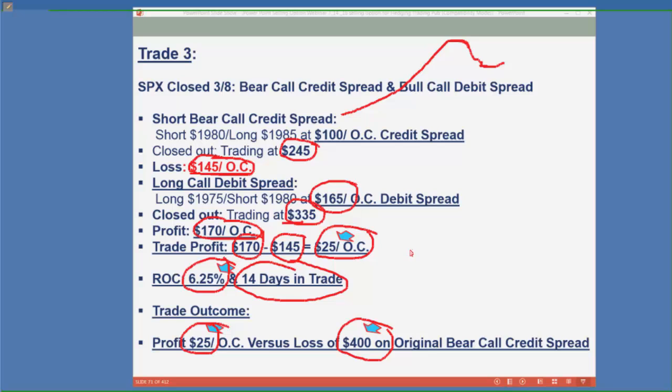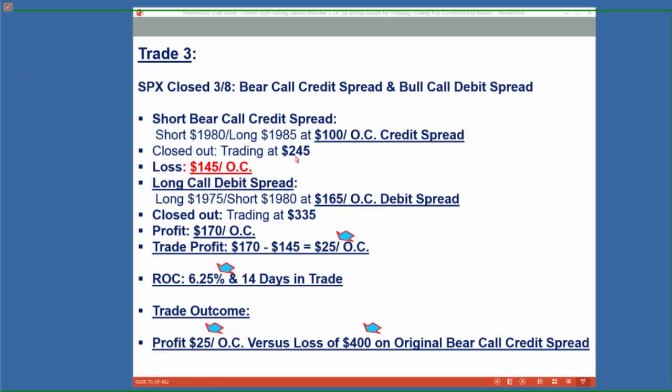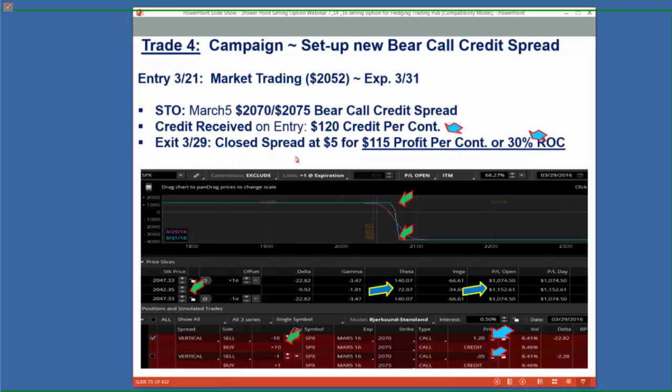Now the next thing that you want to do in this kind of situation is put on the next trade, do it again, but wait until the market finally does give you that peak that you were looking for, that momentum shift. So this was actually the last part of the trade, just to set another bear call credit spread, trade 4, when the market actually did turn over, and at that point it really shot up.